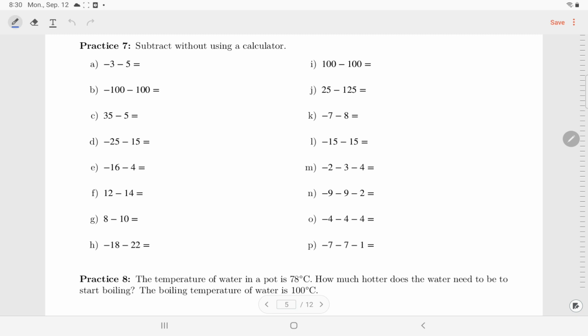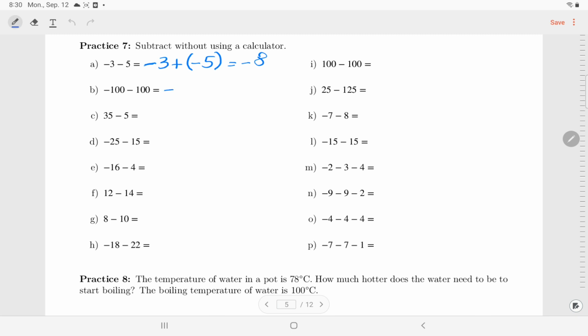So what I would recommend when subtracting a positive number is to change subtraction to addition of the negative number. So we have negative 3 plus negative 5, that is negative 8.